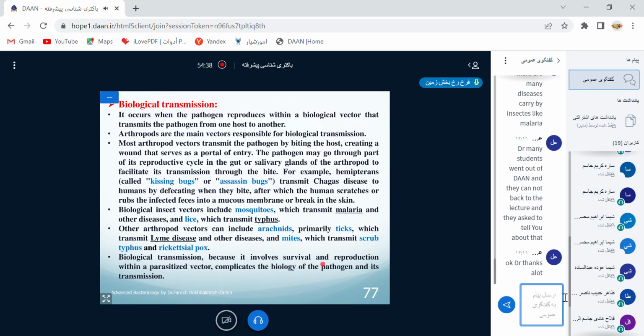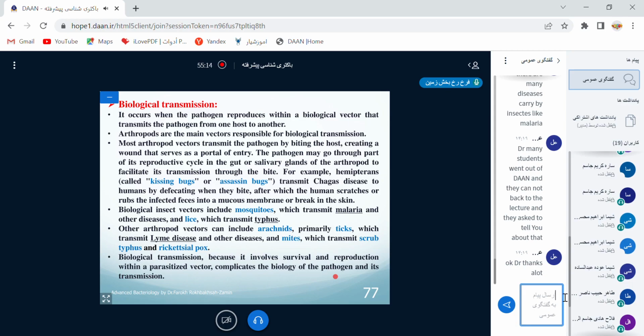Biological transmission, because it involves survival and reproduction within a parasitized vector, complicates the biology of the pathogen and its transmission. It is not only complicated, but also completed.